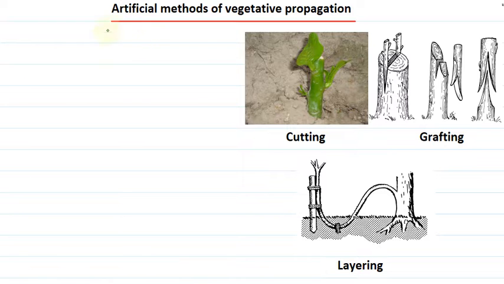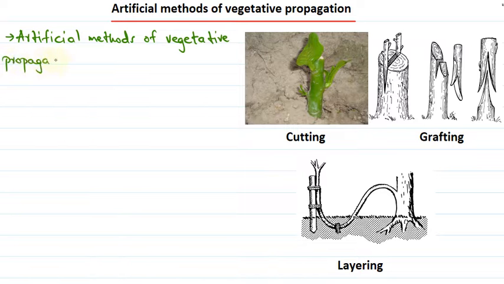So this helps, that is, artificial methods of vegetative propagation.